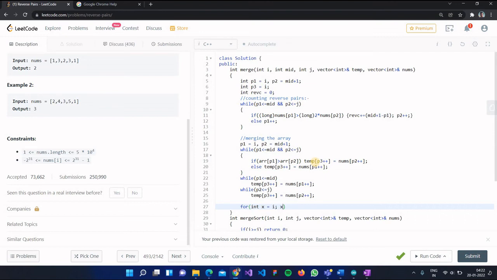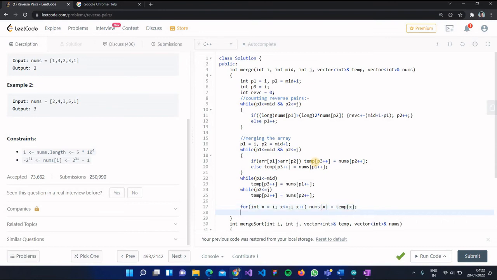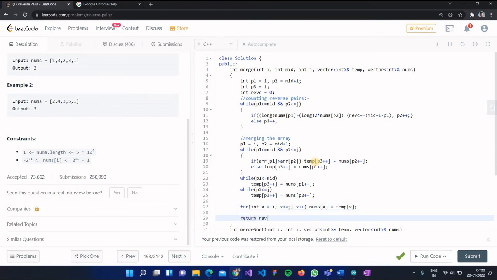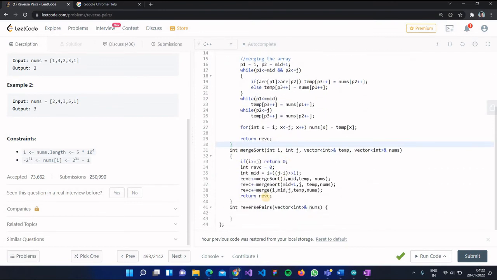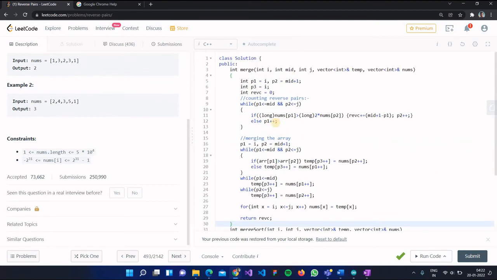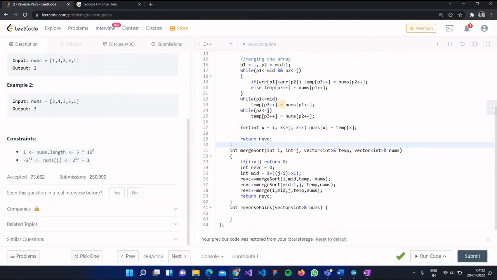So we'll go from i to j, and we will copy all those values. nums of x is equal to temp of x. That's what we did, and we return the reverse count from here. Okay, fine, perfect. So this is all we did. We have counted the reverse pairs, we have merged the array, and then we have returned the reverse count.